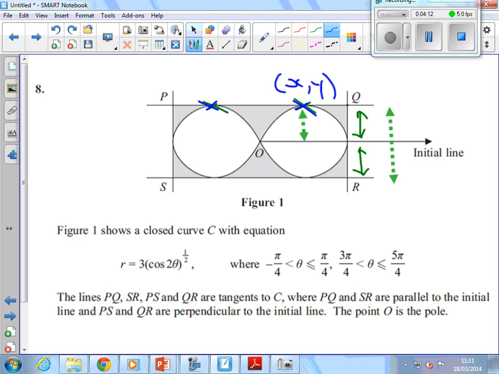There are 2 points, but it will suffice to look at that point. By symmetry, it's the same. If we can work out the y coordinate of that point, we have half the distance we're looking for. Okay, let's focus on how we do that.